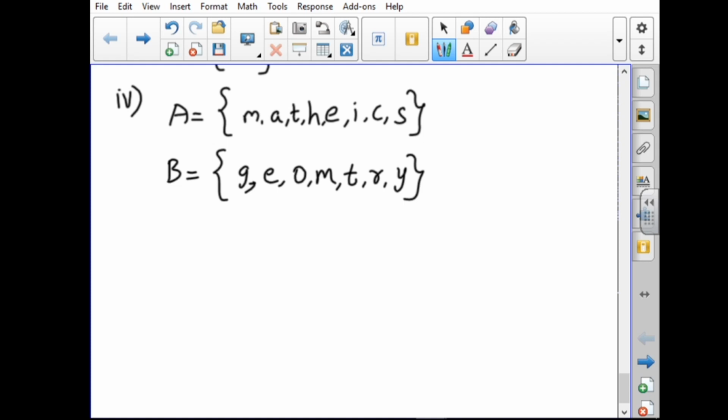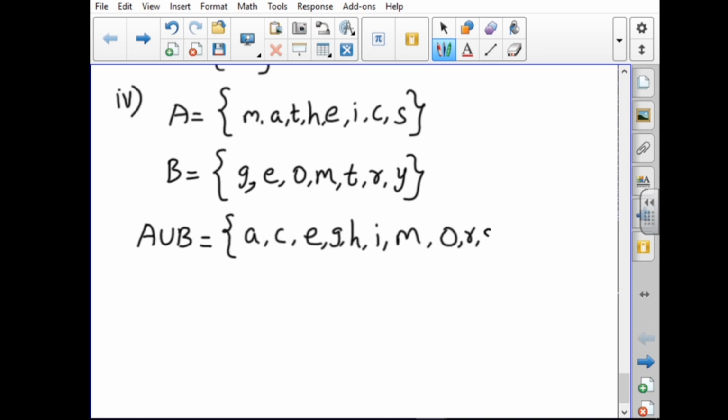So you can write A union B. A union B is equal to join the letters except the common letters, means one time you can write. Okay. So what are the letters? A, C, E, G, H, I, M, O, R, S, T, Y.